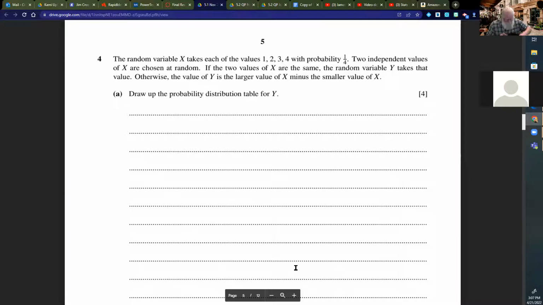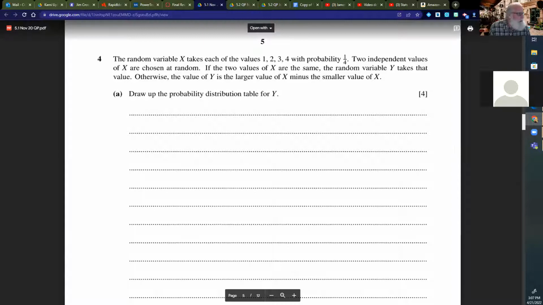So basically what they're saying is we're picking a number. How many numbers are we picking? 4. Where it says we're picking 2 independent values, right?